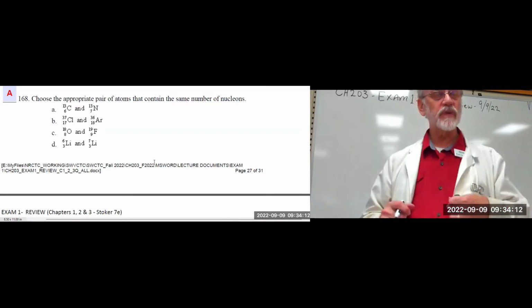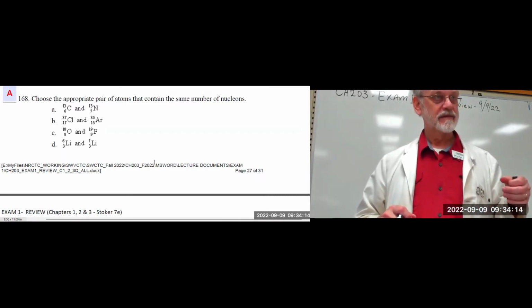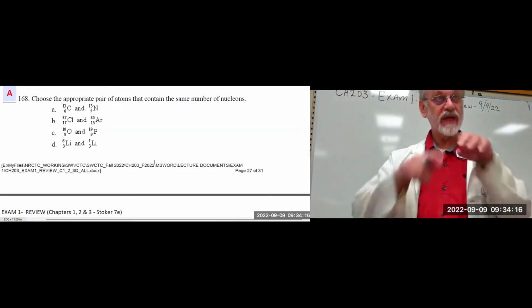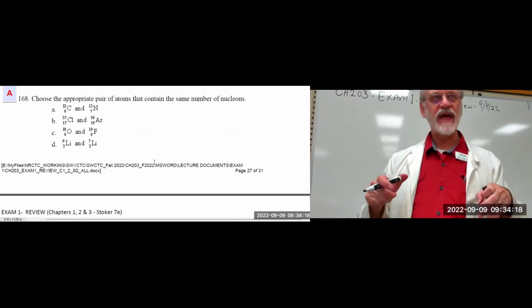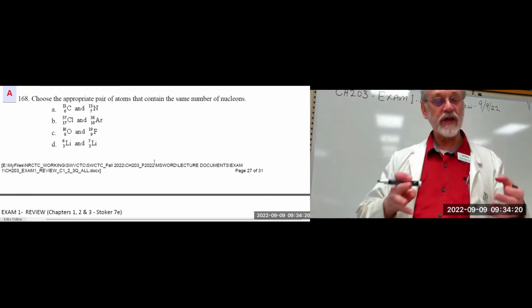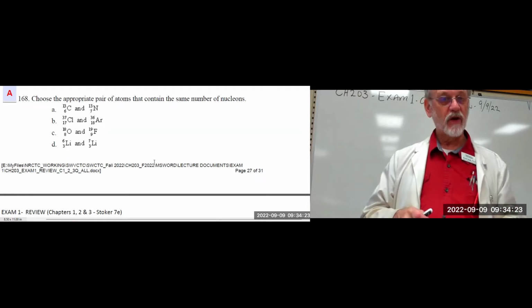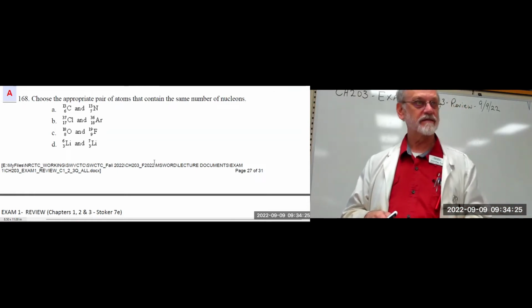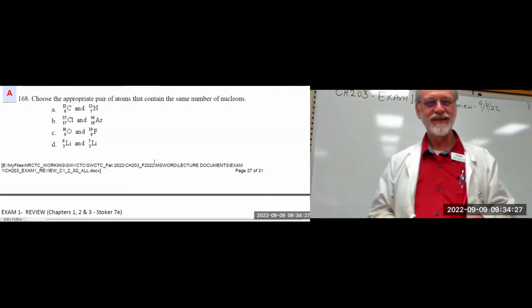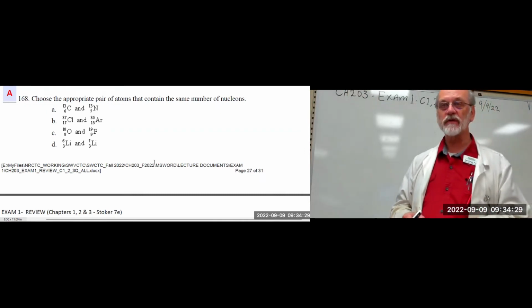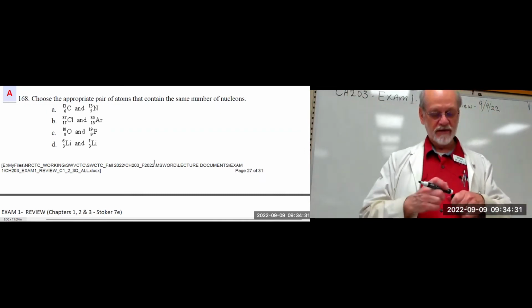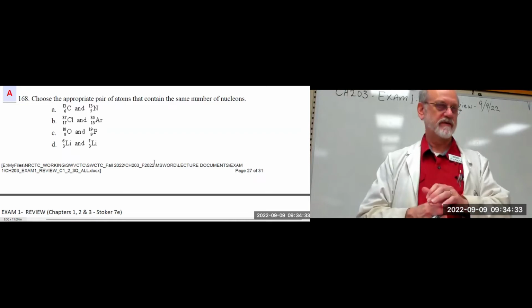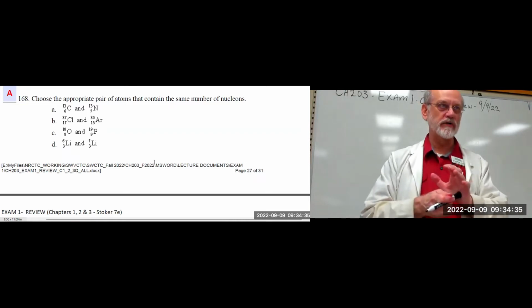So the nucleons would be equal to A. Not the answer A, I mean big A, the mass number. So find those that have the same mass number, and the only one that matches is A, little a. Carbon and nitrogen, carbon 13, nitrogen 13. They have the same number of nucleons, protons plus neutrons.